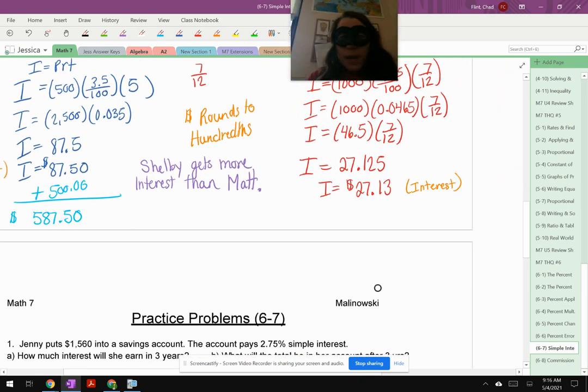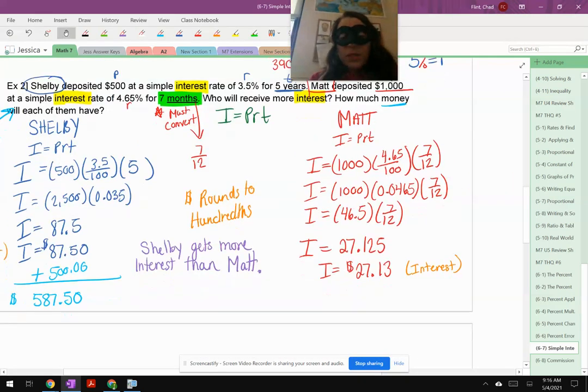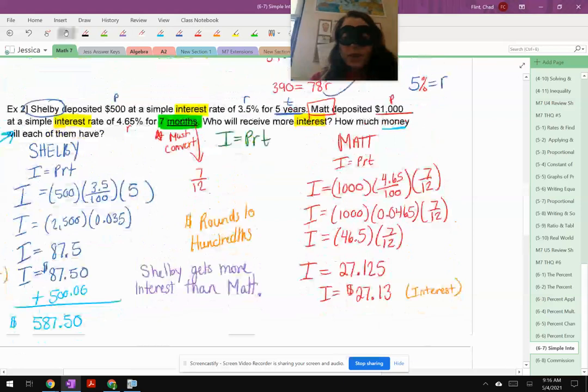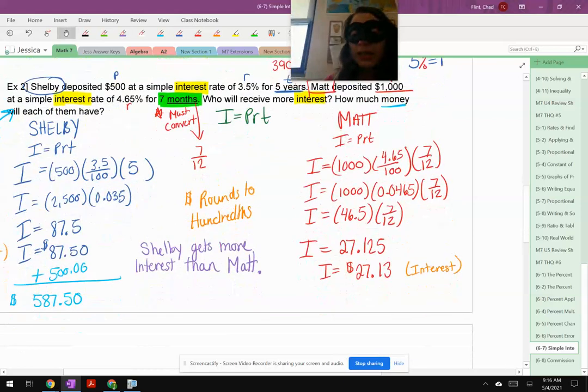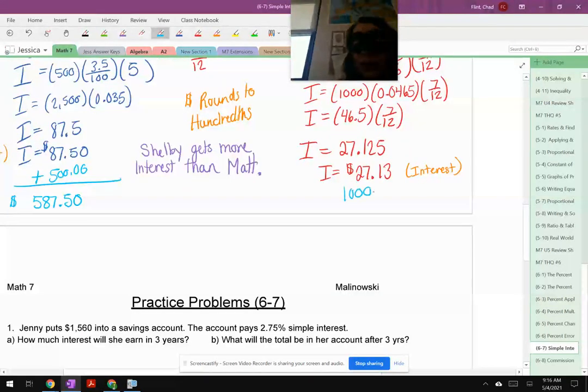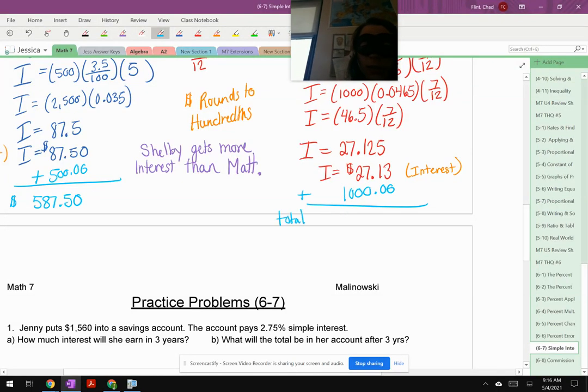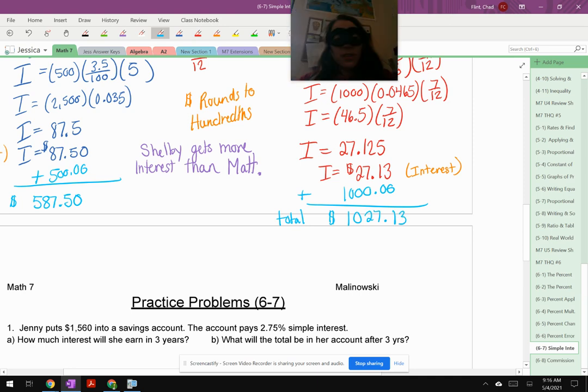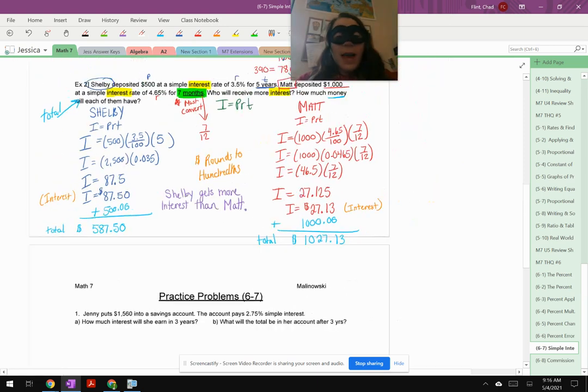And same thing with Matt. Matt doesn't just get that $27.13. He also gets that $1,000 that he initially put into that account. So Matt's total ends up being $1,027.13. So even though Matt had more money to start with, Shelby earned more interest because she left it in there for longer.